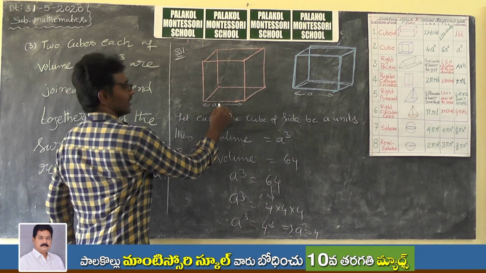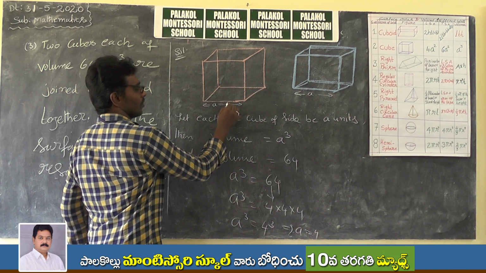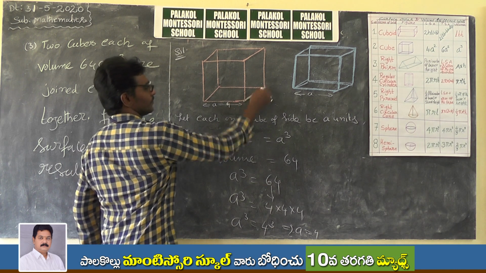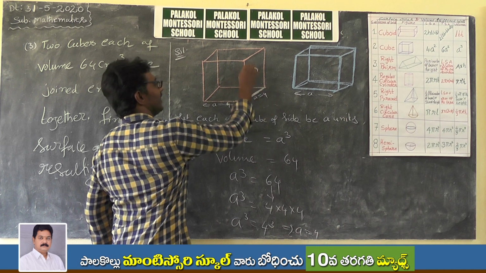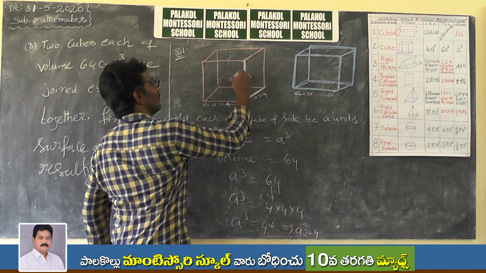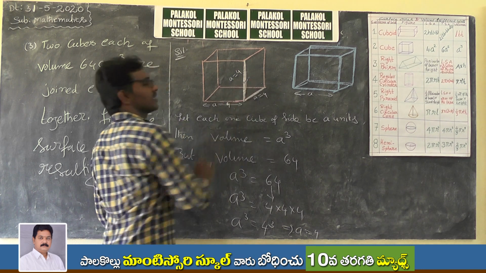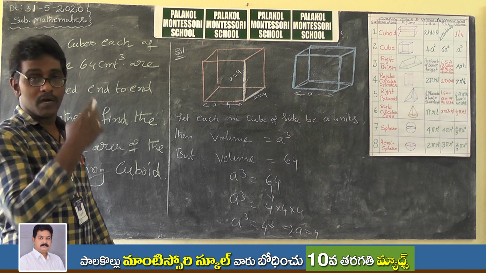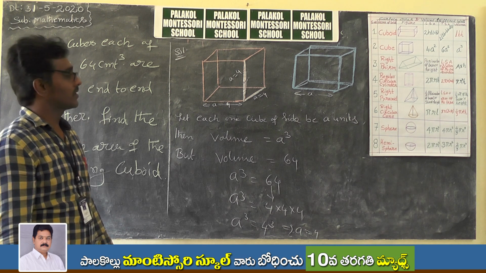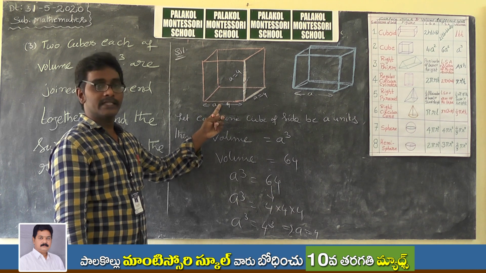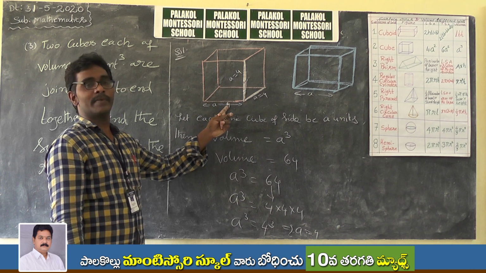That means this side is equal to 4. Friends, this side is also 4, and height is also 4. In a cube, length, breadth, height are the same. So length is A, equal to 4 centimeters.